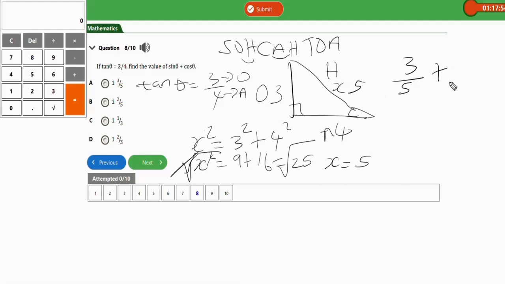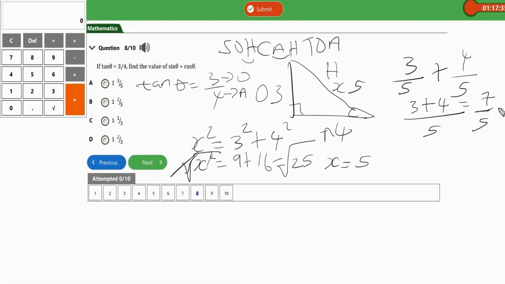So adjacent is 4/5. LCM is 5. 5 into 5 gives 1, times 3 is 3, plus 4. So this will give us 7/5.